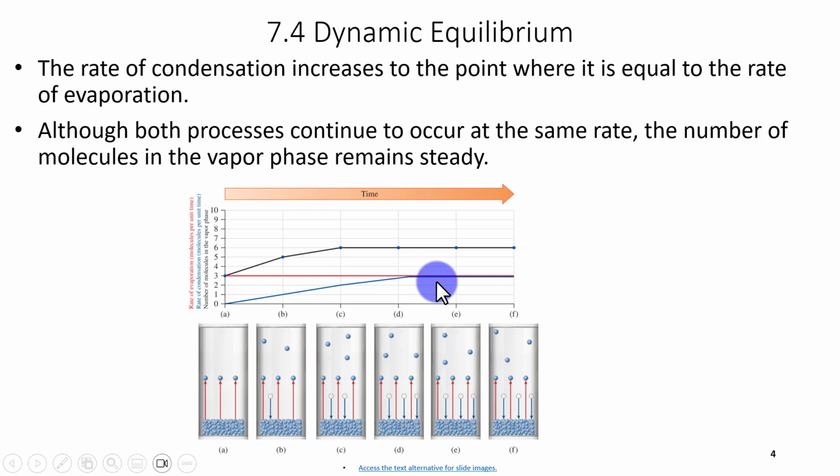At first we get an increase, but then there comes a time where there's no more increase. We get this flat line that tells us there is no net change in the gaseous phase, in those particles.